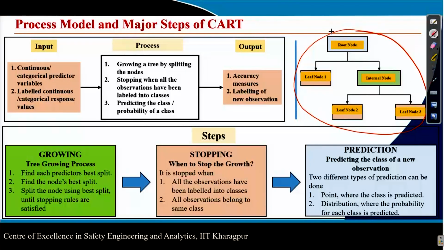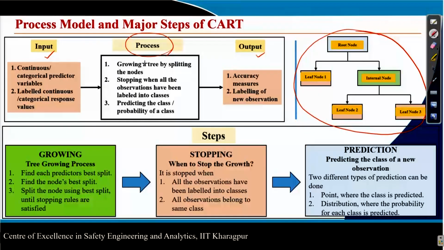So, how will we develop this kind of tree? What are the inputs, what are the outputs, and what algorithm will we use? That basically comes under the process model. That means in the algorithm, the different steps you have to do in sequence, some may be in parallel. That is why this algorithm can also be thought of as a process.